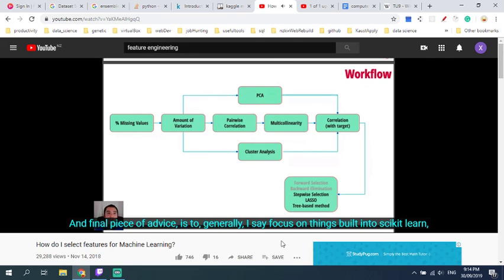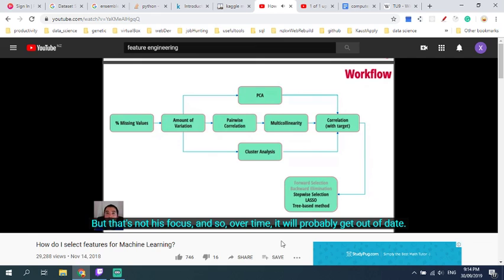And final piece of advice is to generally focus on things built into scikit-learn, because when you're writing custom code, it's easy to make a mistake and it's a lot of work. Scikit-learn code is good. Even ML Extend is good code. I respect the person who wrote the package, but that's not his focus.